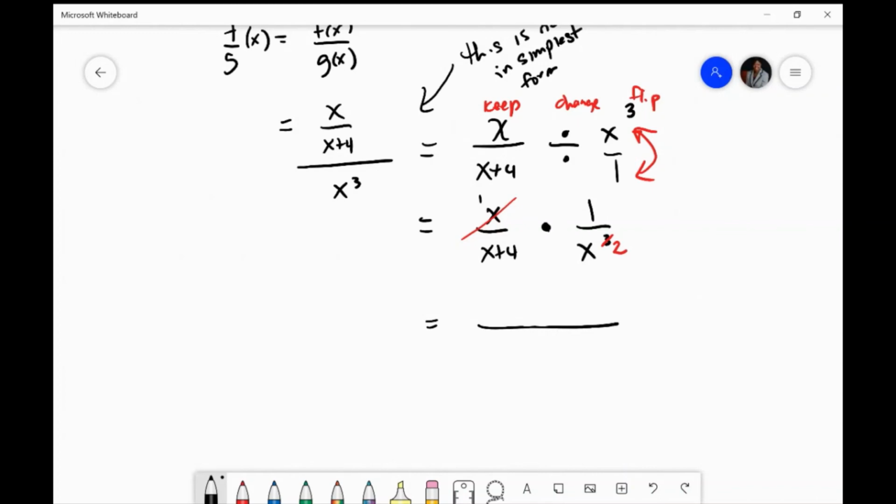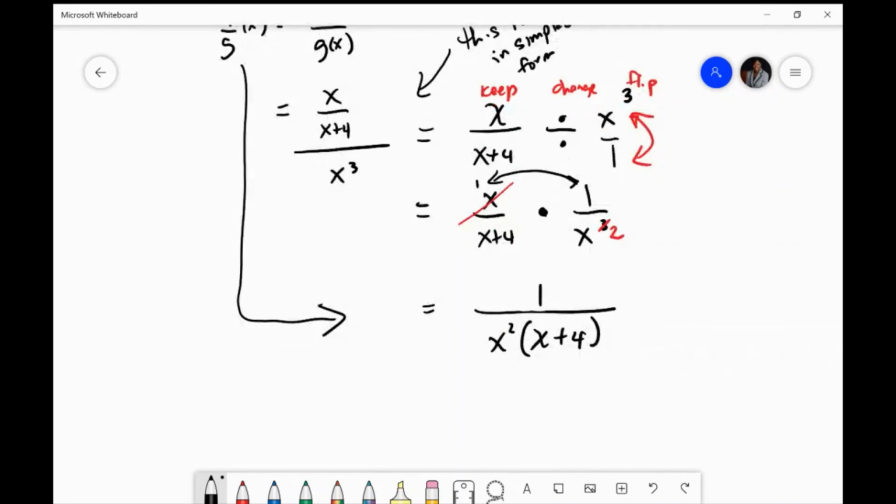So it's 1 times 1, which is 1. And then we got an x squared at the bottom, but we also have times x plus 4. All right, so that's our f divided by g of x.